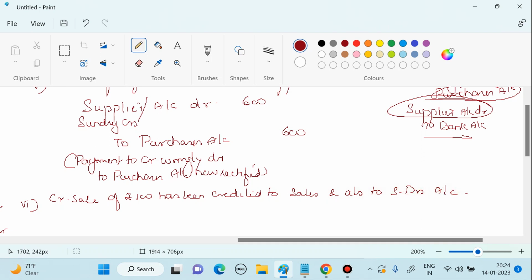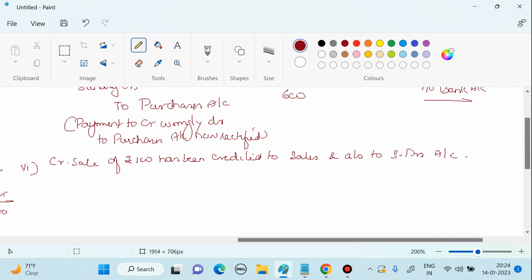So when there's a credit sale, what is the journal entry? For credit sale, it's cash or bank account debit to sales account. Credit sale I said. Why cash or bank account? Supplier account, no, not supplier also. Debtor. Debtor account debit to sales account.